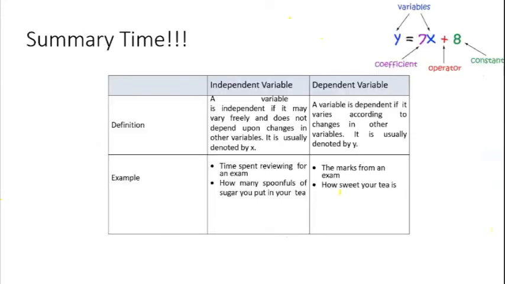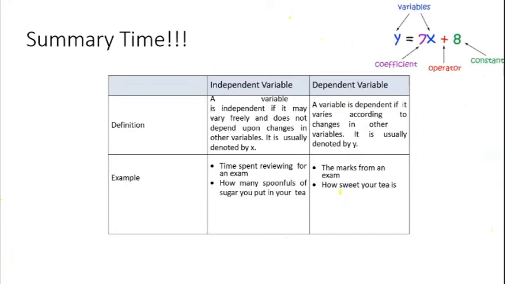So we are now on our summary, the last part of our lecture. Let's recall the difference between independent and dependent variable. An independent variable may vary freely and does not depend upon changes in other variables.